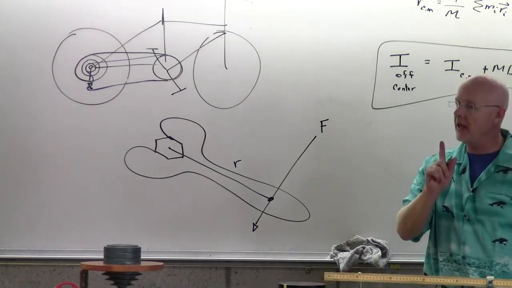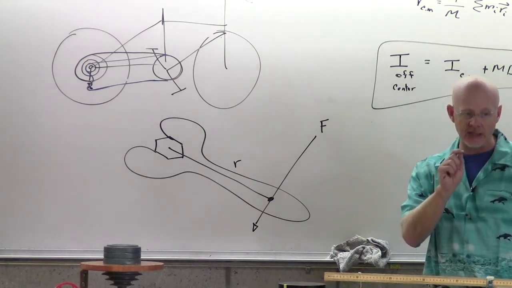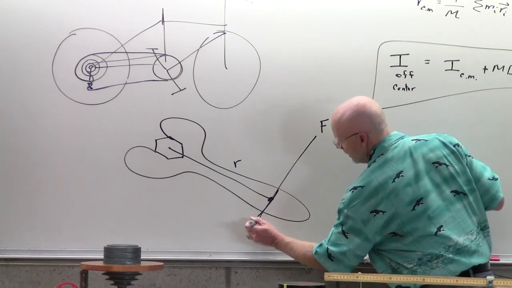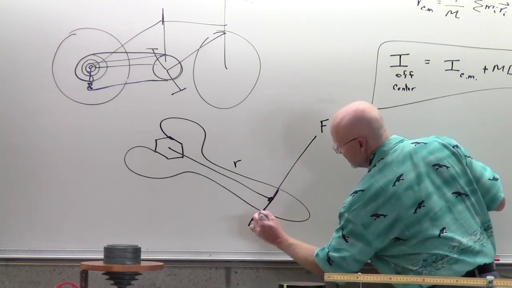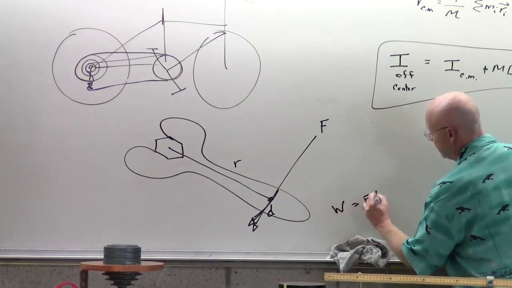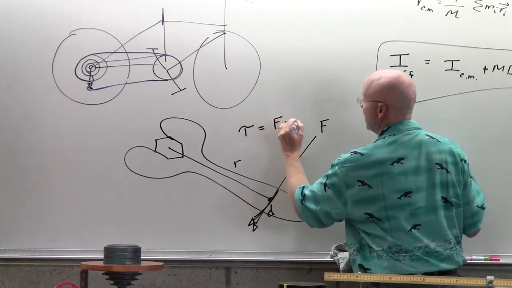Don't confuse that with energy. Isn't energy the distance it actually moved? So if I actually push the wrench and it moves a distance of d, then the work is force times distance. The torque is force times radius.